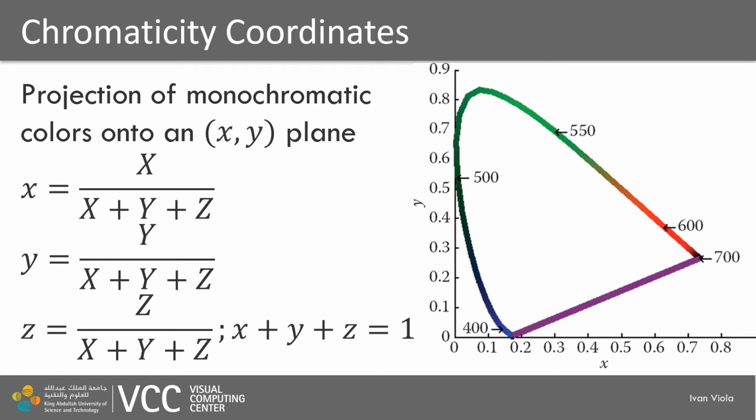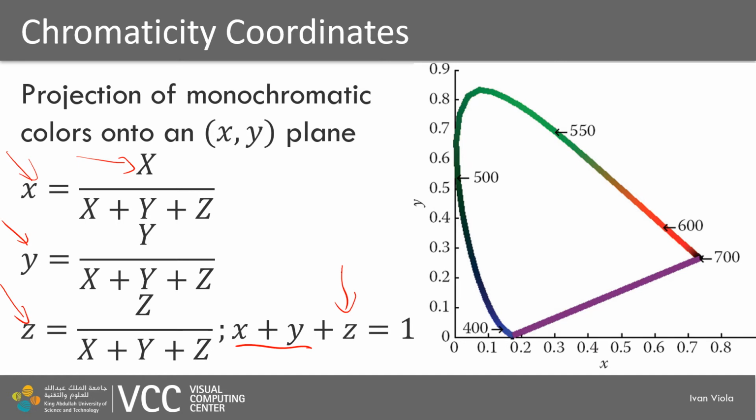And we can do so by simply projecting the X, Y, and Z components onto the so-called chromatic plane, where we divide the values of individual color components by the sum of their components. And then through this sort of normalization, we will have the X and Y components, and the Z component, in fact, will no longer be necessary for defining this two-dimensional chromatic plane, because it will be redundant, and we can see that X plus Y plus Z is equal to 1.